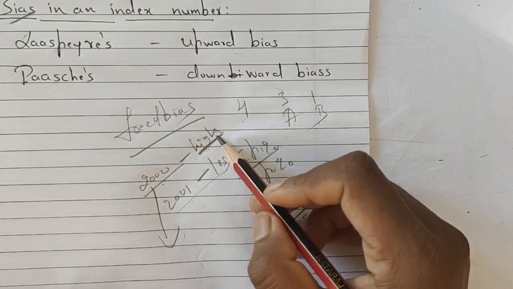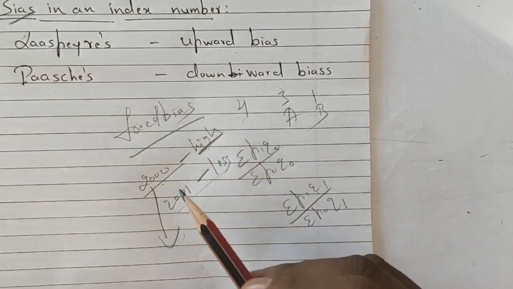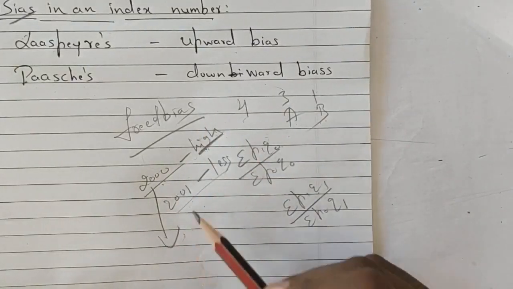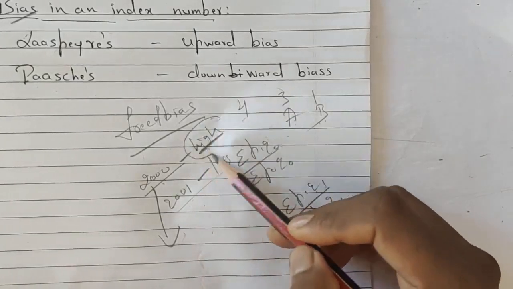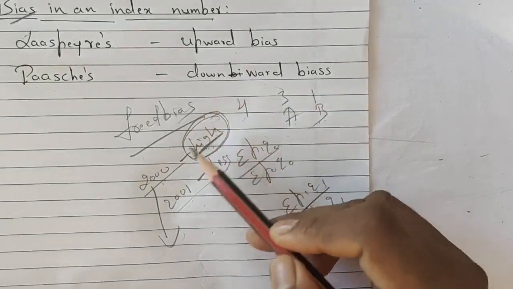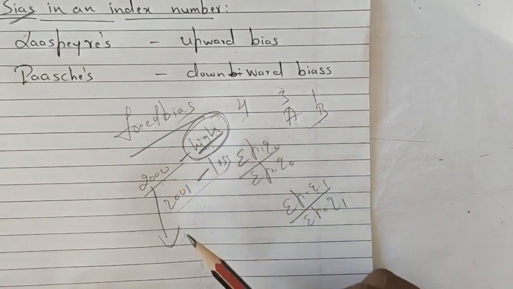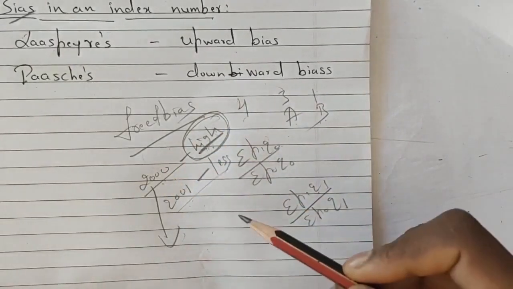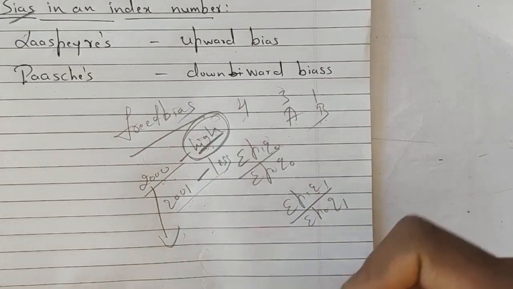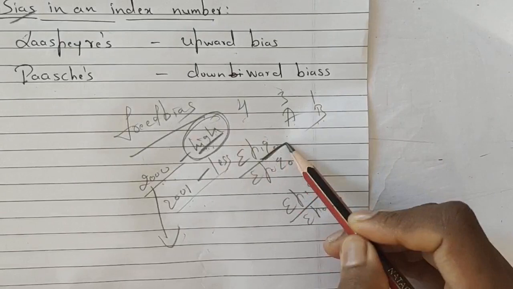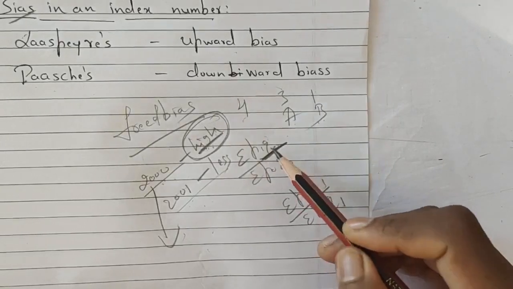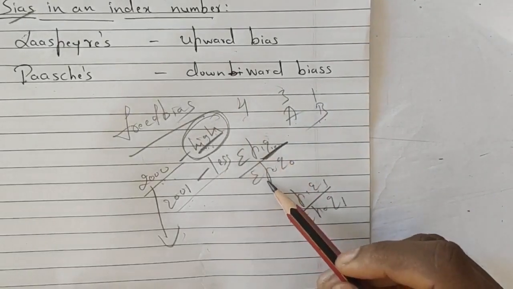See, if I consider Laspeyres, in Laspeyres we are taking base year as weight. Here the sales of the product are very high in 2000, so our answer will be high because we are giving importance to the base year, right? In Laspeyres we are giving importance to base year, so it is upward bias.